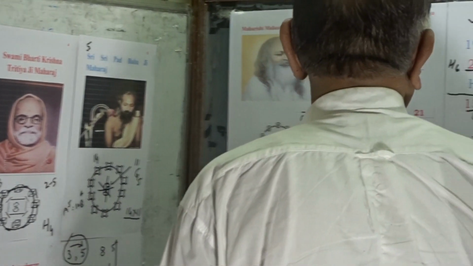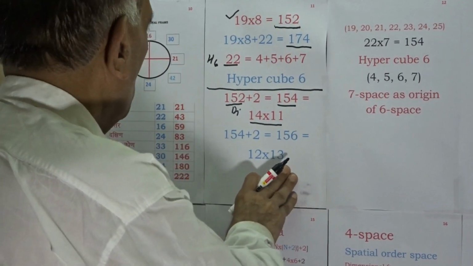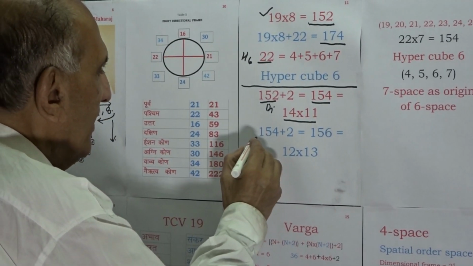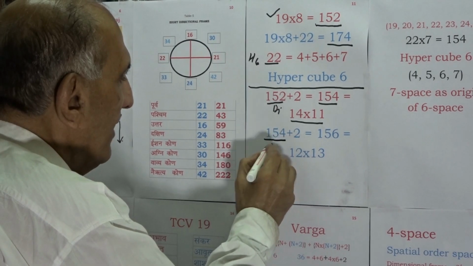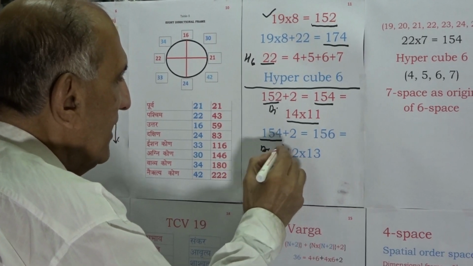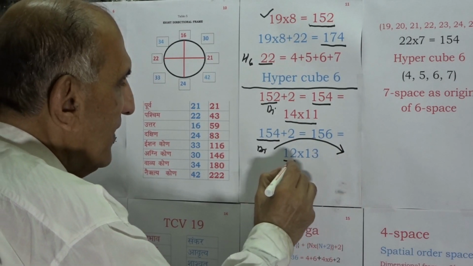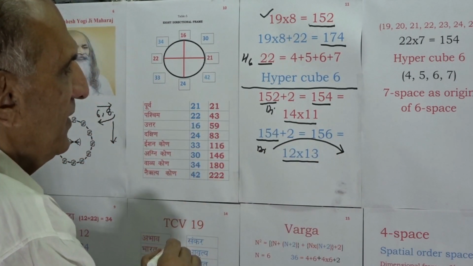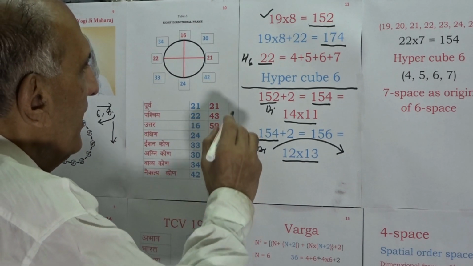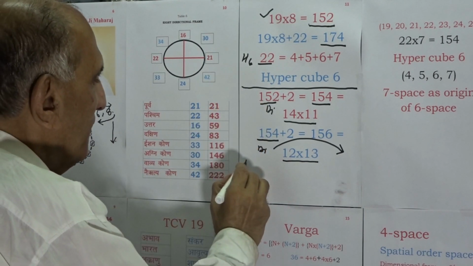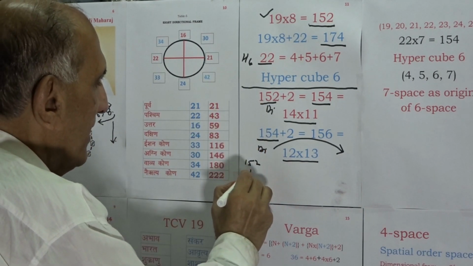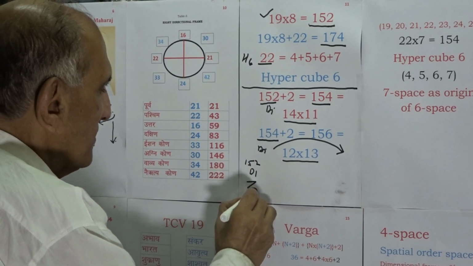Now see, the value 154, when it is going to be a dimension itself, will take us to domain as 156 which is of value 12 into 13. See, we are at 152 as dimension at 3-space.